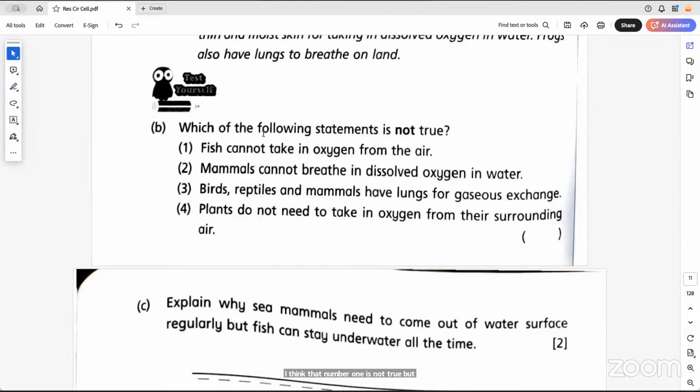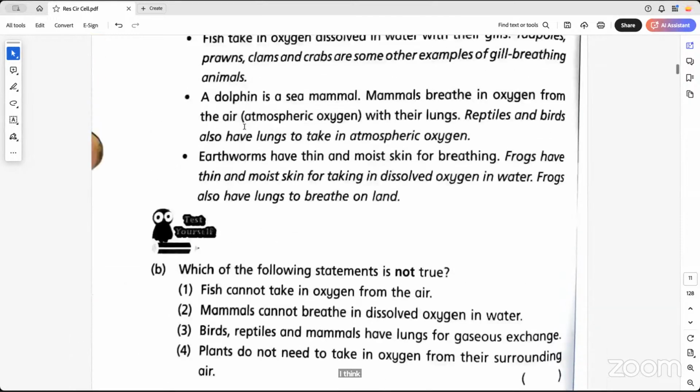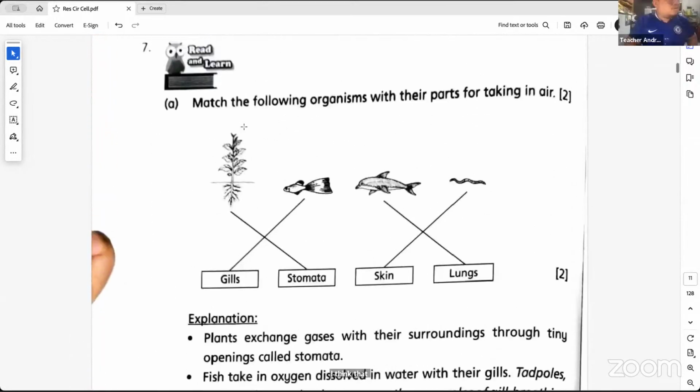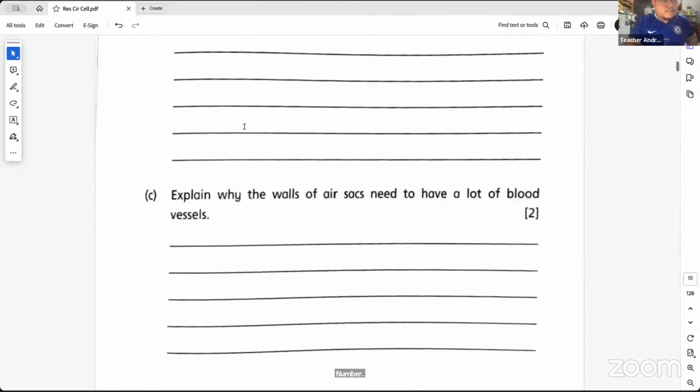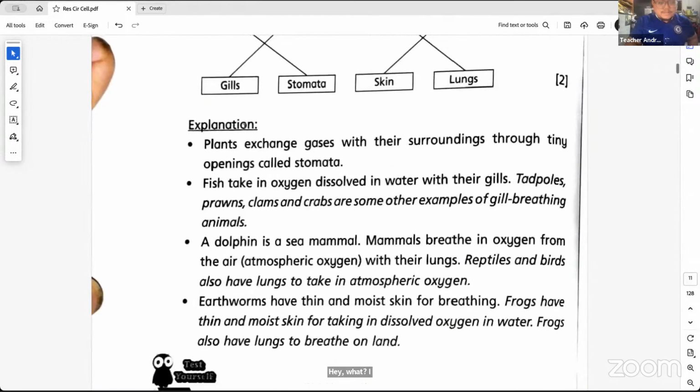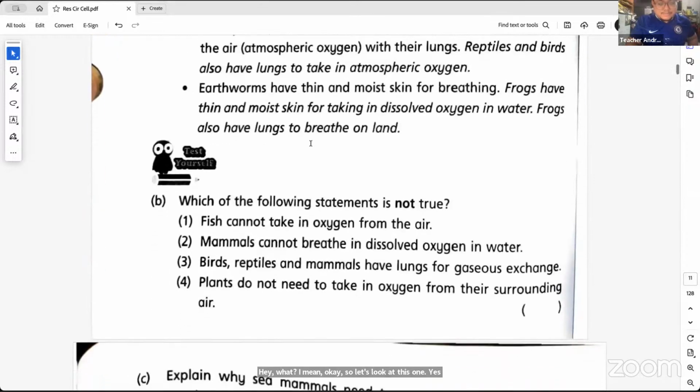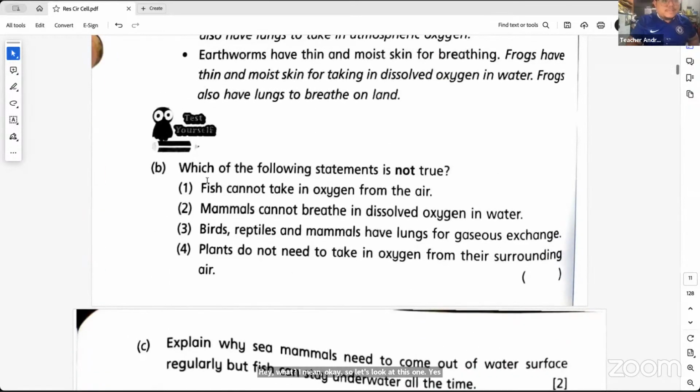Sorry, I think that number... You want to go through here first? Hang on, let's look at this one. We see this and we see this. Which one do you think is not true?